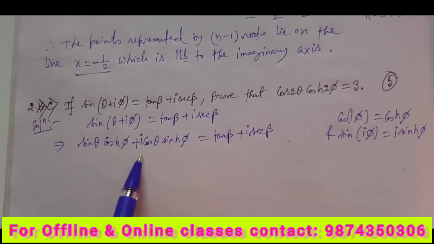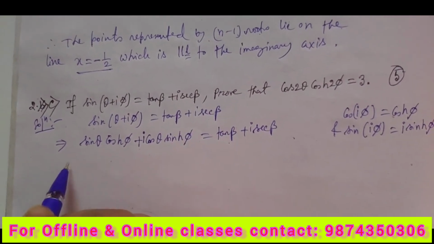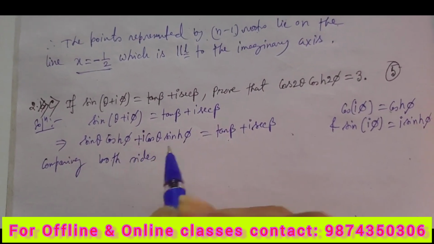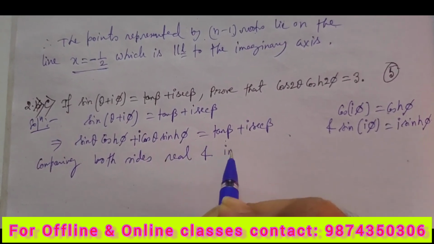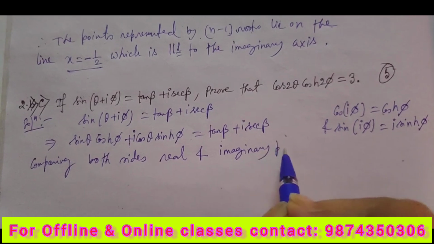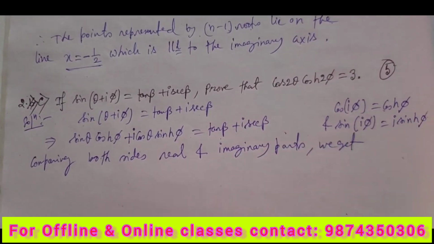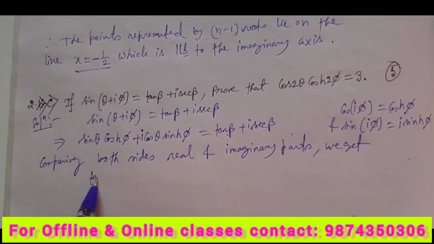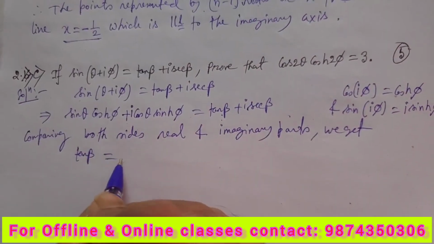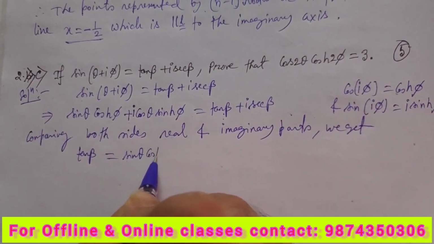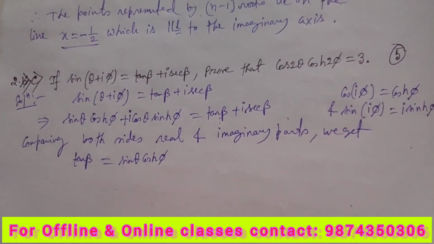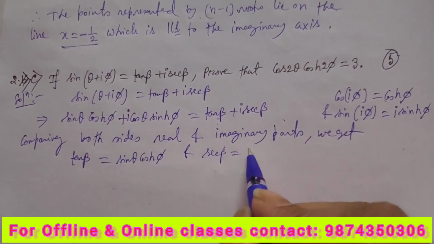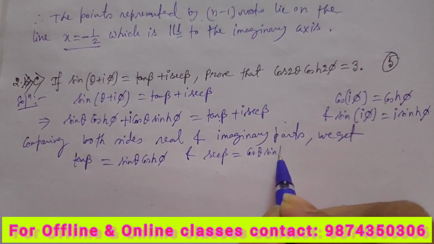So comparing both sides, the real and imaginary parts, we get tan beta is equal to sin theta cosh phi, and sec beta is equal to cos theta sinh phi.